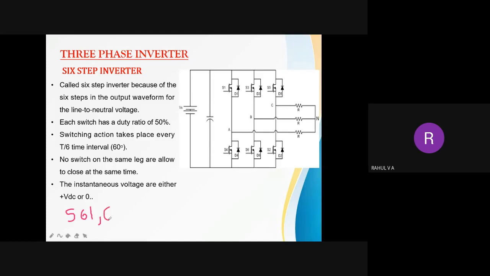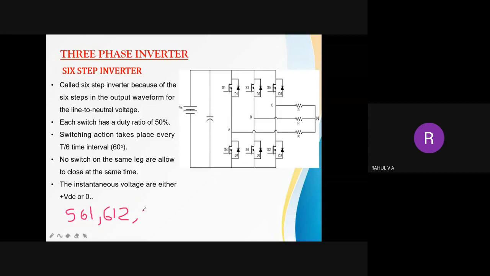Then after 60 degrees, I will turn on the 6th switch, then the first switch and again the second switch. The first combination was 561, that is S5 was turned on, S6 was turned on and S1 was turned on. After 60 degrees, I will switch off S5 and switch on S2.